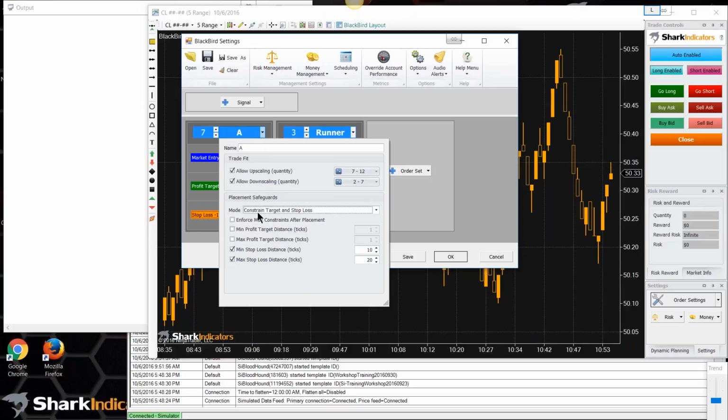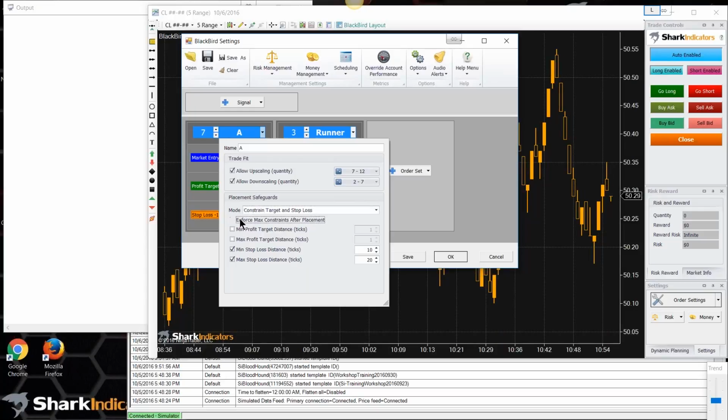Also, if you're choosing constrain, so if you want to constrain your profit target and your stop loss, then you also have a new option here that says enforce max constraints after placement.